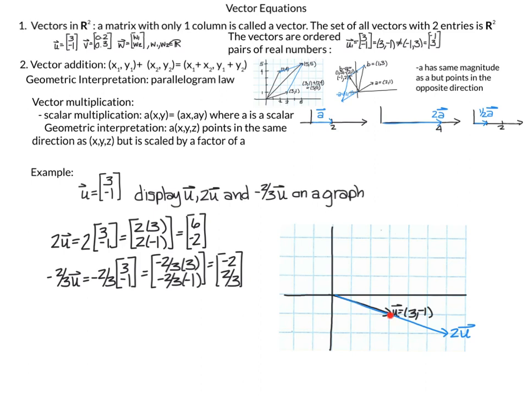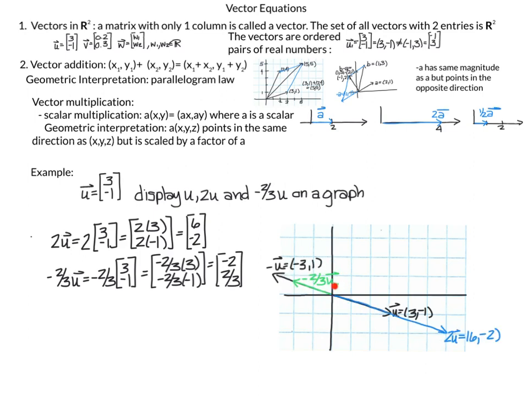So actually, let me just start by graphing negative u. So here I have negative u, the same length in the opposite direction. And now I can take 2/3 of this. Taking 2/3 of this line will put me at -2 and positive 2/3 here.